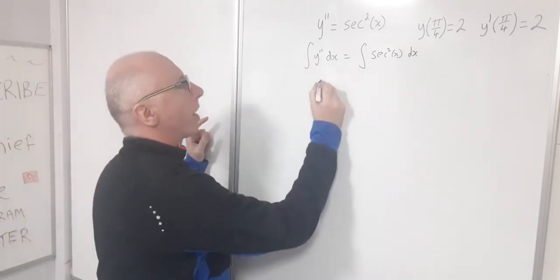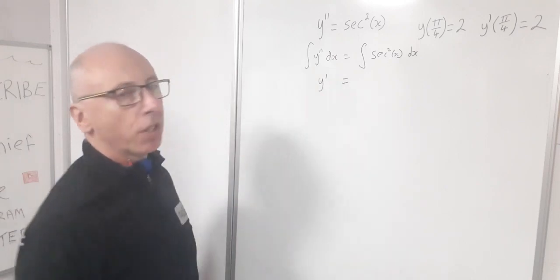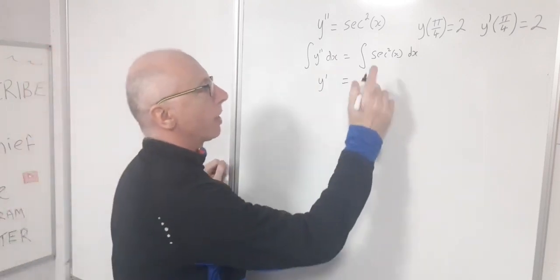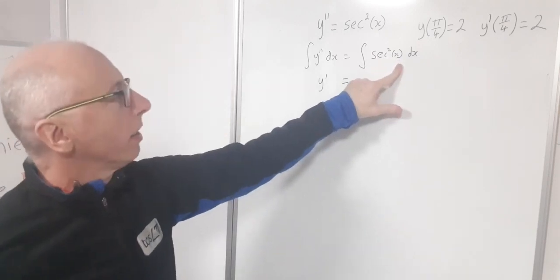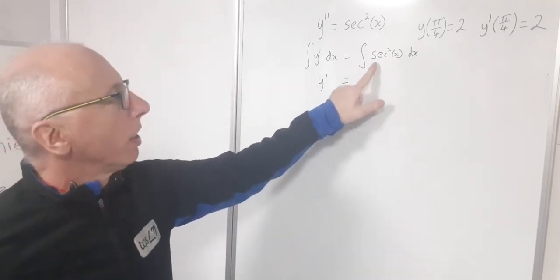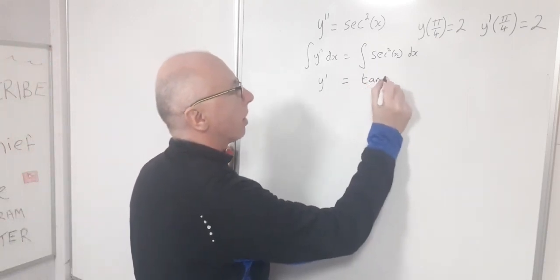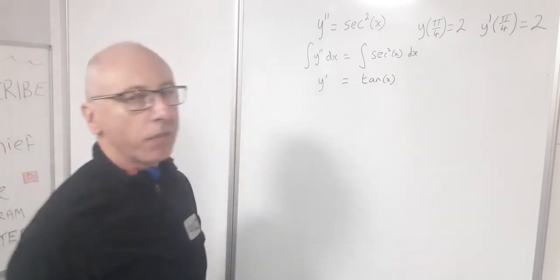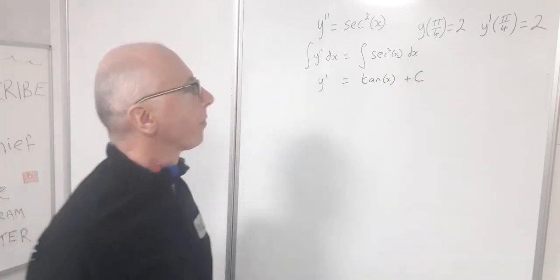Well, y double prime will just give us y prime. I won't put a constant of integration in there yet. I'm going to put it on this side. So now the integral of secant squared of x, that's a famous integral. That's going to give me tangent of x. So that's tangent of x, and the constant of integration, as I said, I'm now going to put plus c.